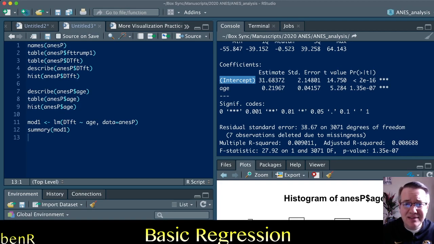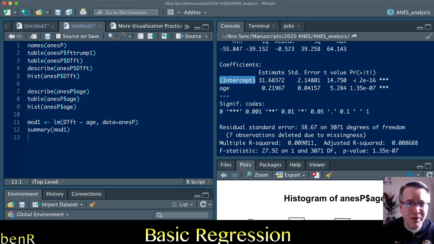And in many cases, it's just a statistical artifact. So here, if x is 0, that means somebody's age is 0. And that's a possible age, but it's not a valid age in our data set. Remember, the youngest person in our data set is 18 years old.